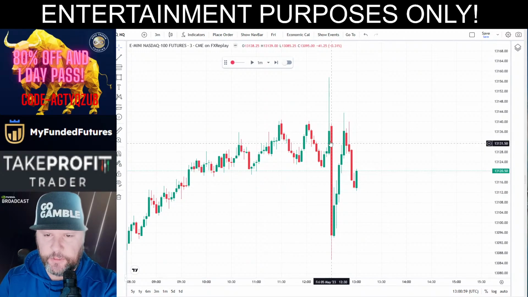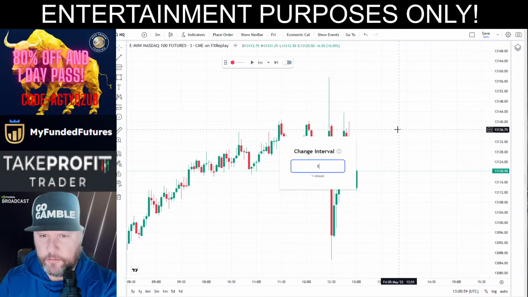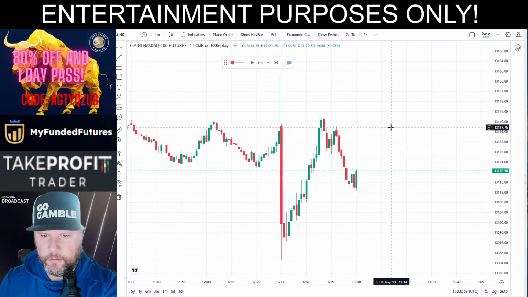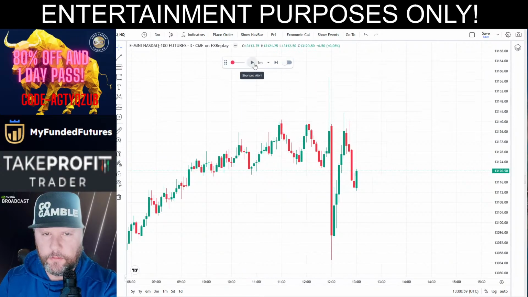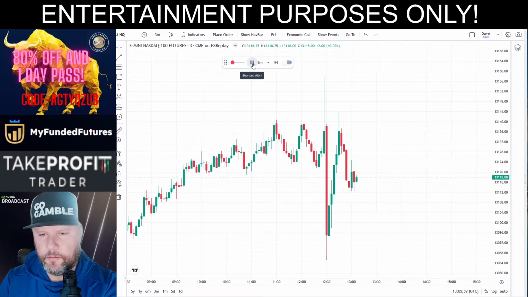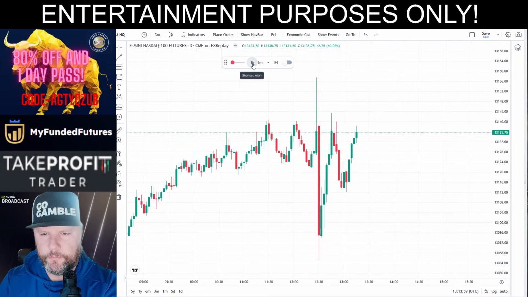I guess if we're just trying to be mechanical about it, because I kind of feel like we're going to inverse this to go back to this wick. Yeah, see, that's kind of what I think.